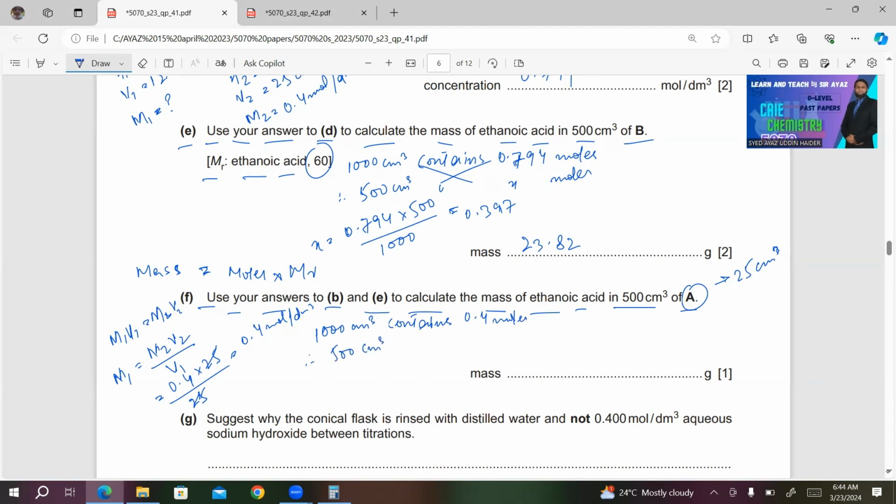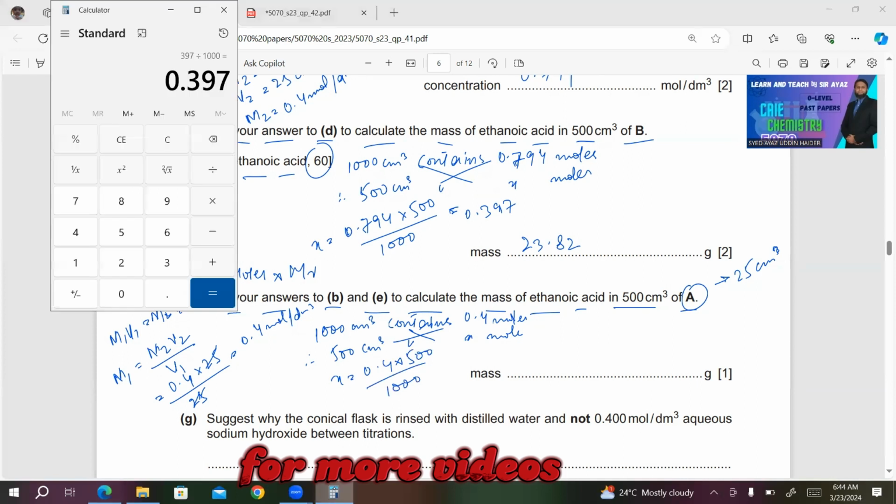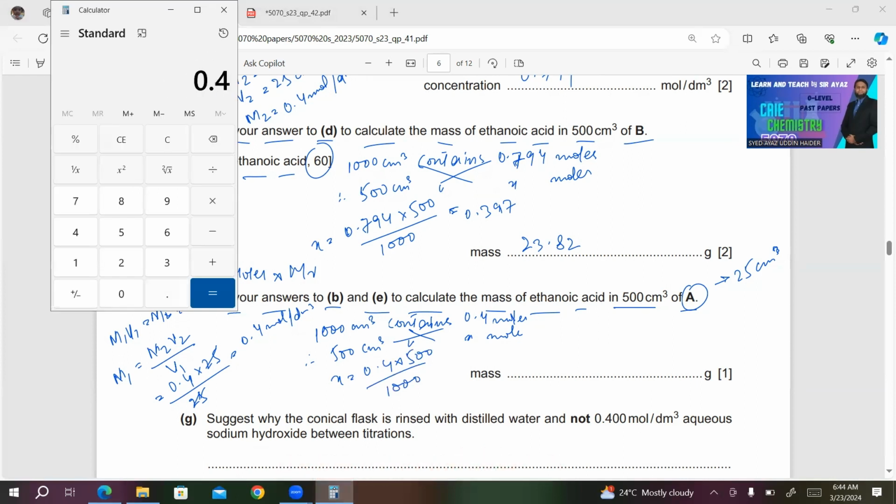So X is equal to, do the cross, 0.4 multiplied by 500 divided by 1000. 0.2 moles.